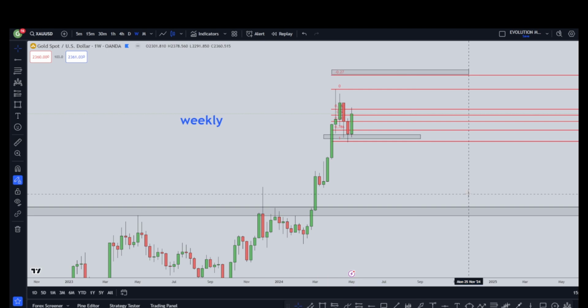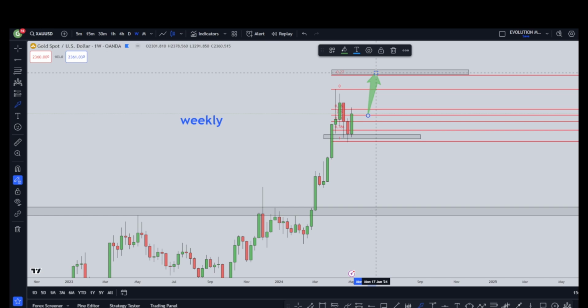So it's clearly bullish, and we expect bullish moves to come to this area on this next leg that price is beginning to form to the upside.